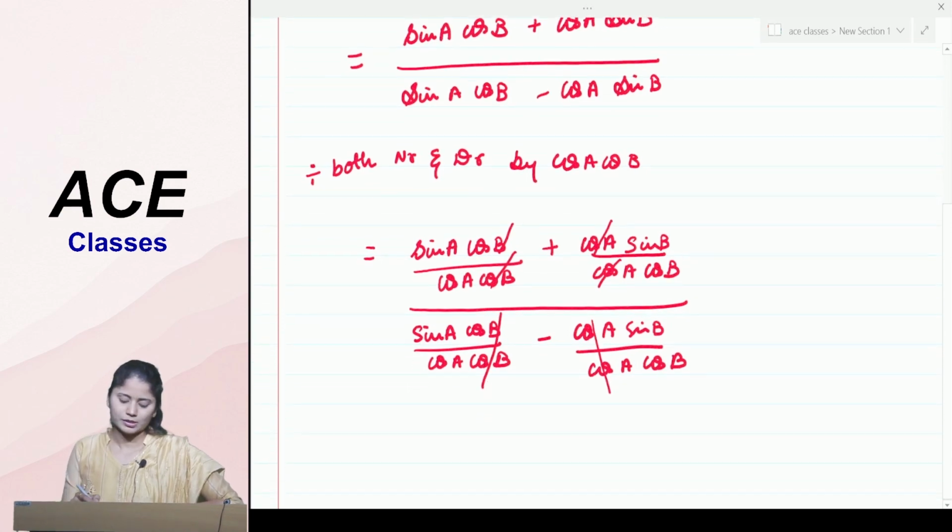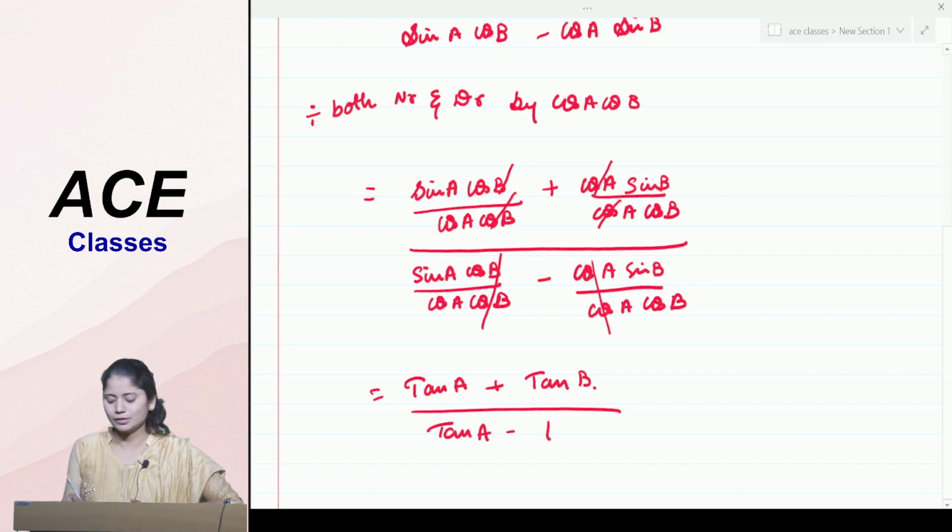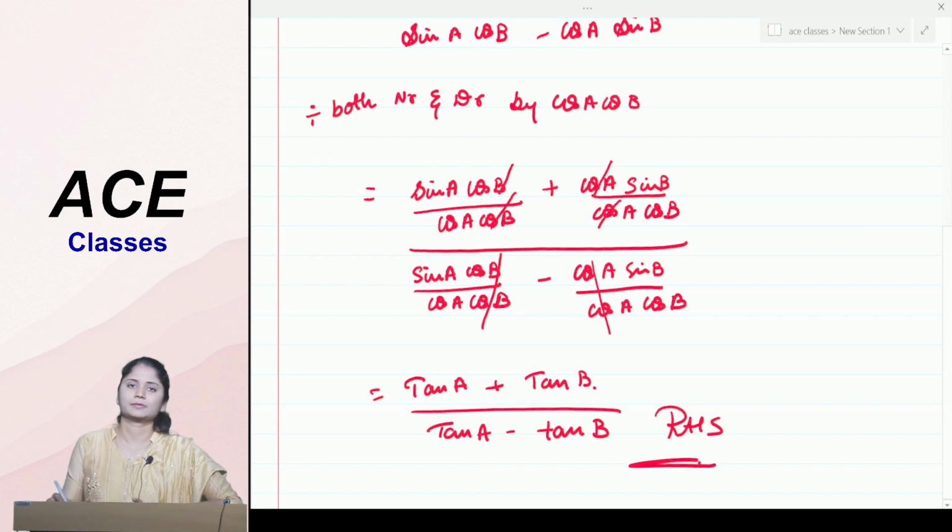Now sin A by cos A will be tan A, and sin B by cos B will be tan B, over, similarly in the denominator, tan A minus tan B. So this is your RHS, we have got it, hence proof.